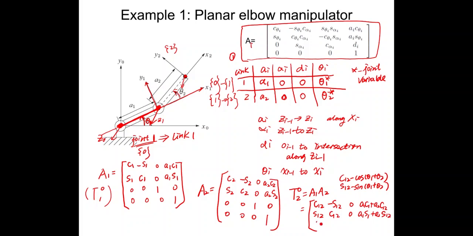And this is 0, 0, 1, 0, and 0, 0, 0, 1. So if you calculate the 16 terms, you will be able to find this matrix. Okay, so that is my calculation.